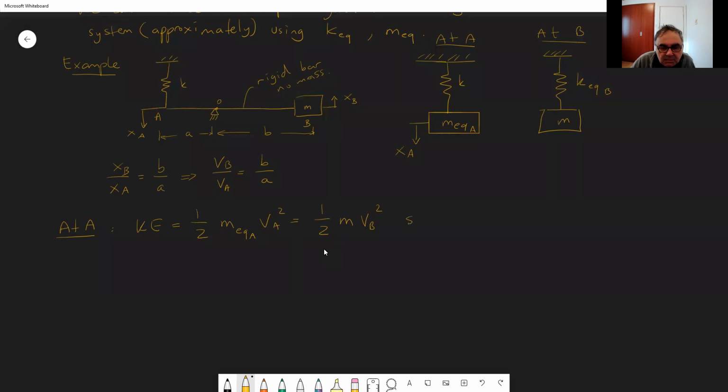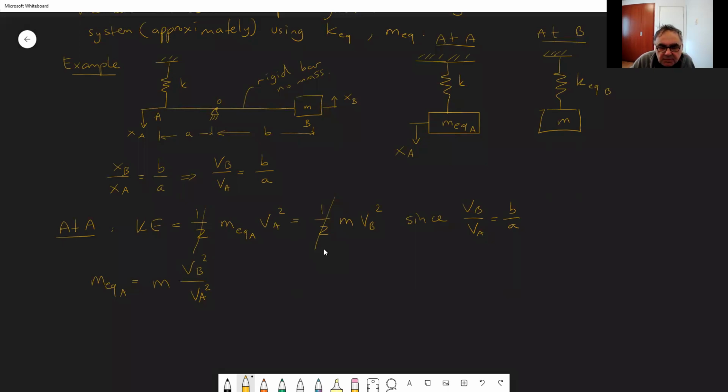So, since VB over VA is equal to B over A, we can write the following. 1 over 2 is cancelled here, obviously. M equivalent, VA squared goes down here.